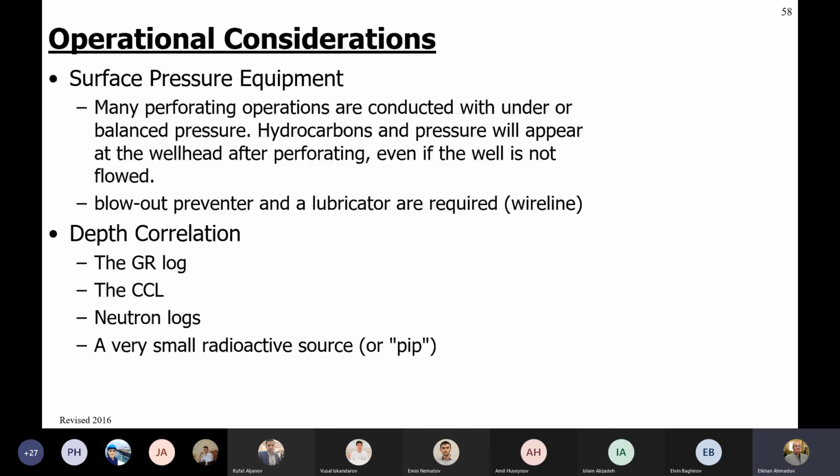We may have some pressures at the wellhead, at the surface, so we have to keep the well pressures and fluid flows under control.